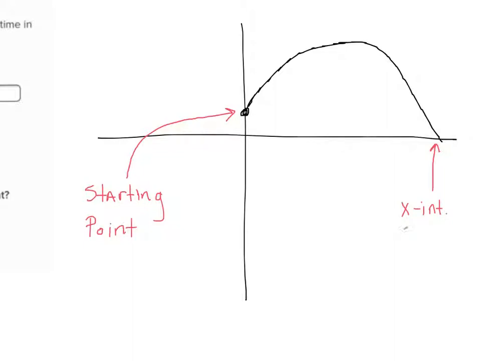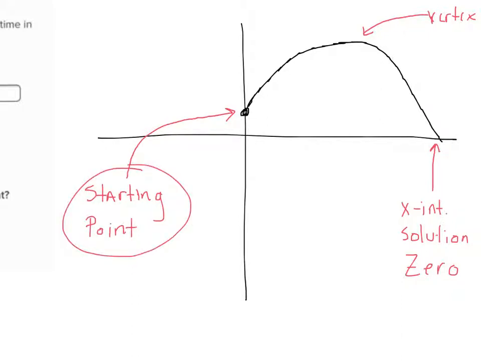Or we could call it the solution, or a zero of the function. And then the maximum or minimum always occurs at the what? Vertex. The maximums and minimums always occur at the vertex. So this is a quadratic problem, and they want us to calculate the y-intercept, the vertex, and the solutions. That's all they're wanting us to do.